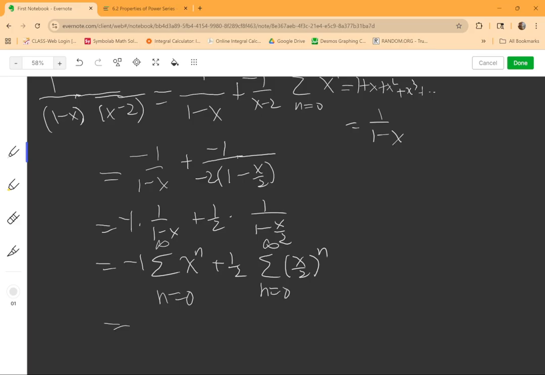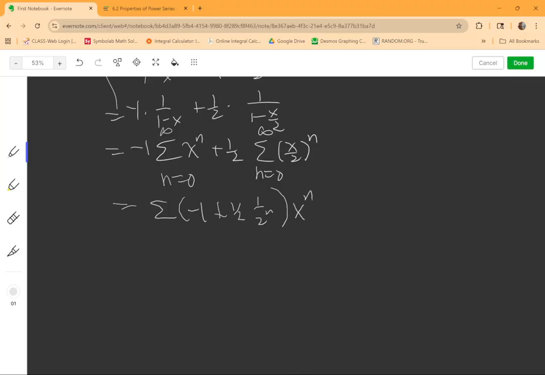And here, just to reorganize this, we'll have the sum, n equals 0 to infinity, of (-1 plus 1 over 2 to the n plus 1) x to the n. We can write it as one power series here.